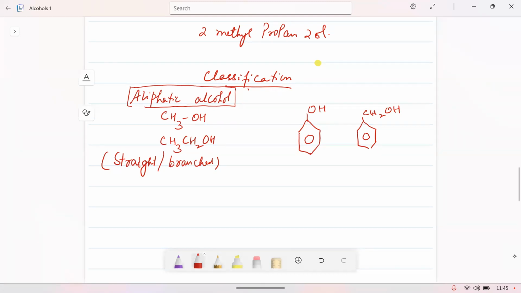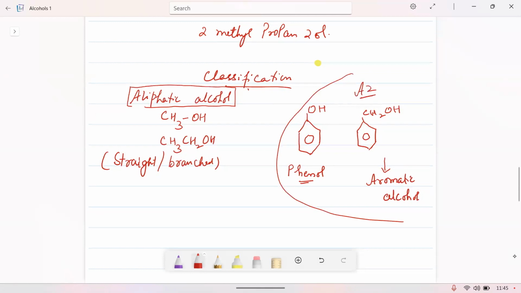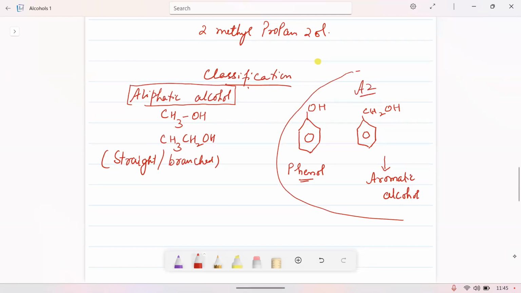Now, if it is attached to this benzene ring through the side chain, it will be considered as an aromatic alcohol. That means it shows a different nature basically. And if the OH is directly attached to the benzene, it is not called an alcohol, it is called a phenol. So this is a different group of compounds. Right now, this part, we don't need to worry about. This is A2. We need to only focus on aliphatic.